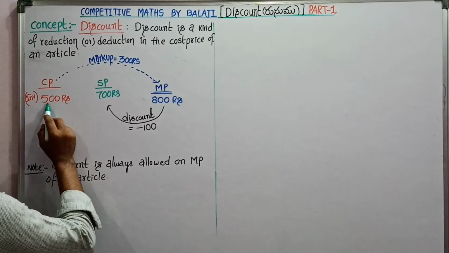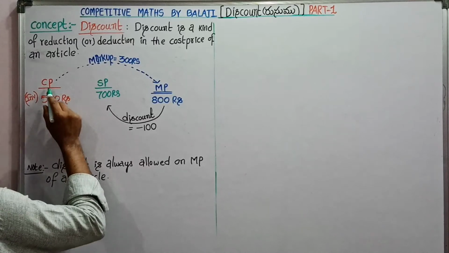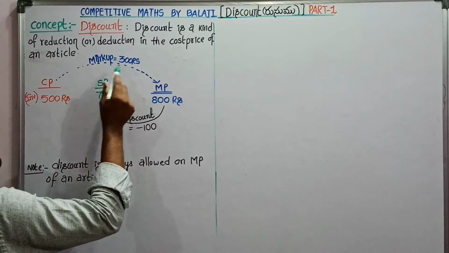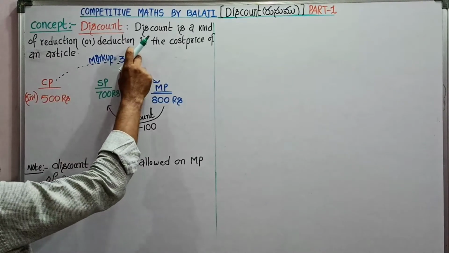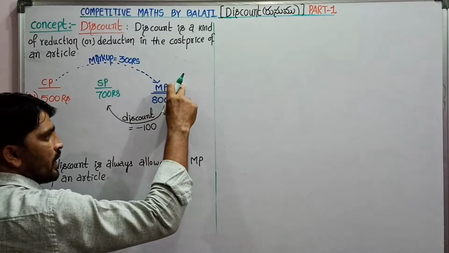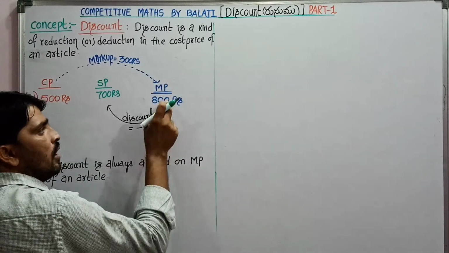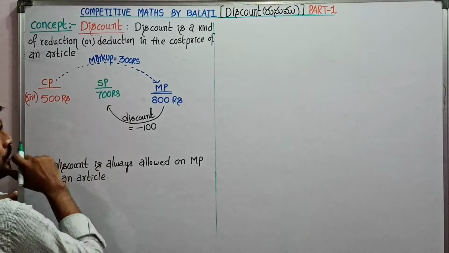Yes, the initial price or investment of the shirt is 500 rupees. Then the company marks up some more amount on cost price, that is 300, to decide the market price. Now the shirt is available in the market and the shopkeeper allows some discount on MP to decide SP.